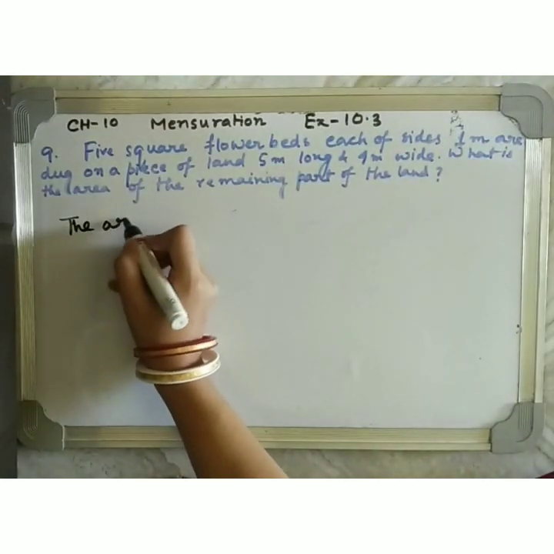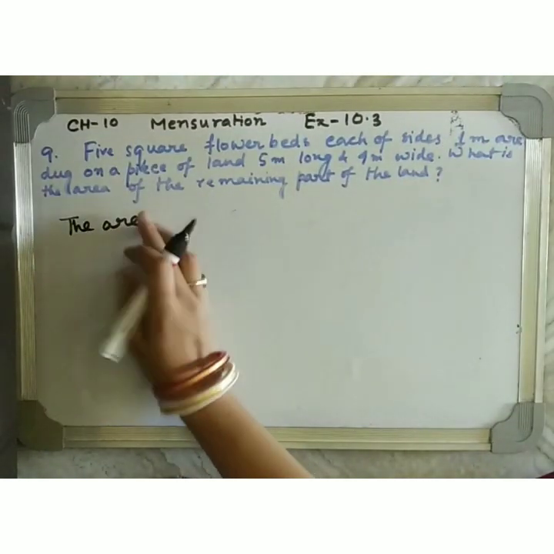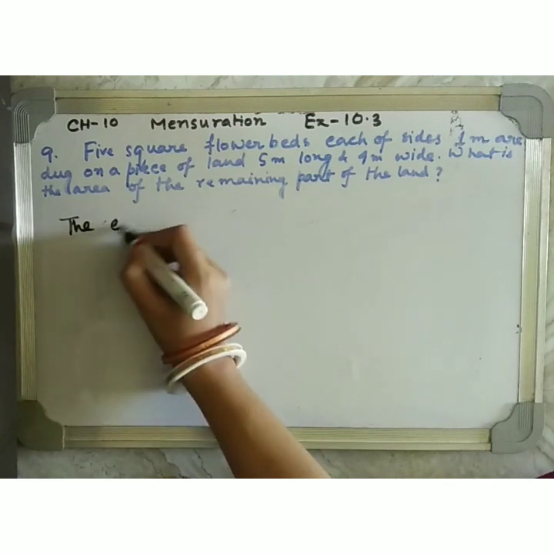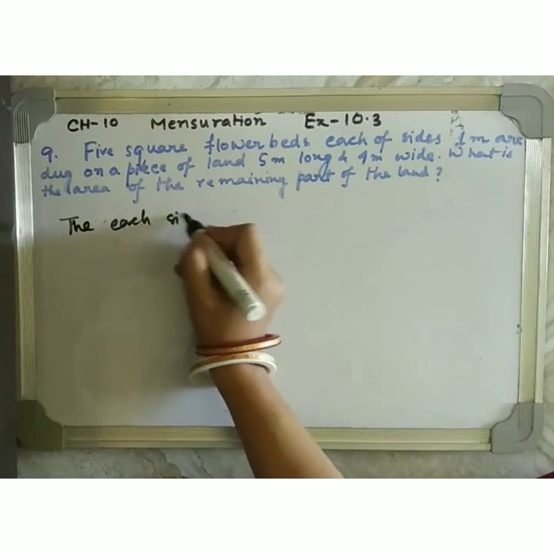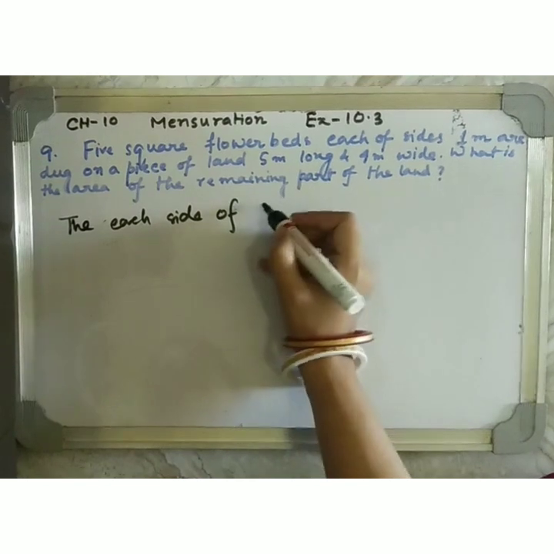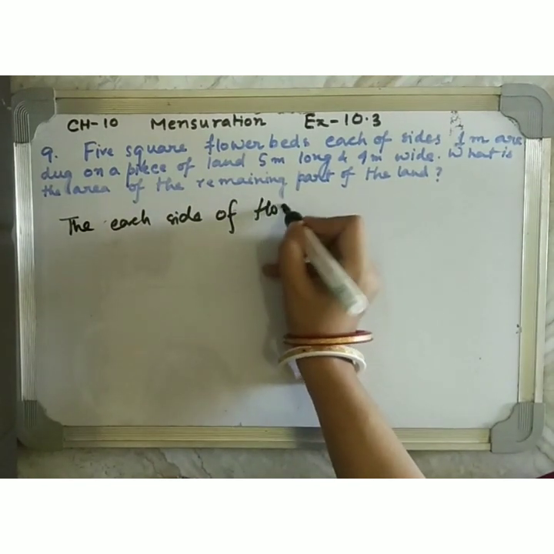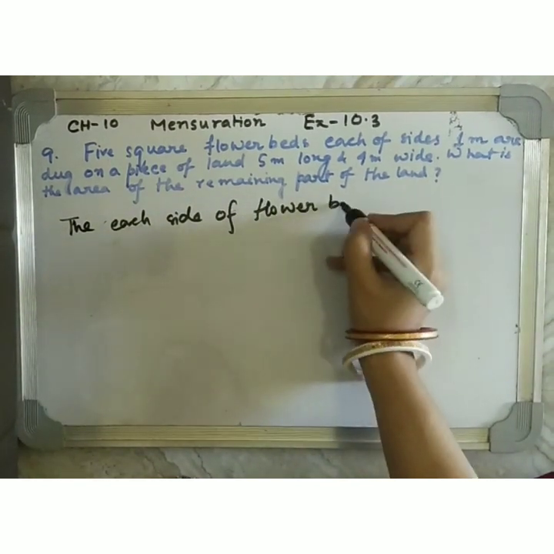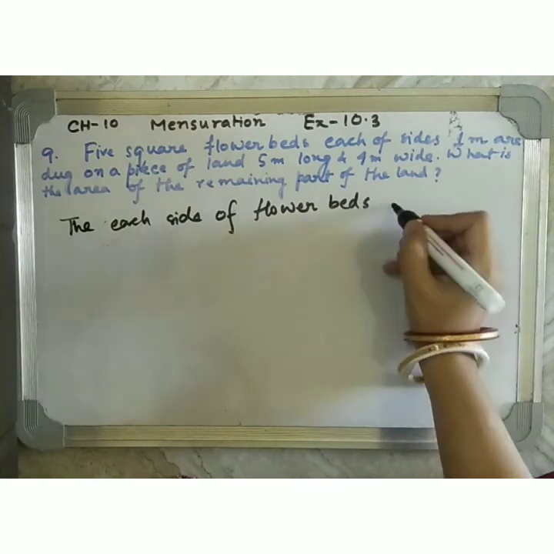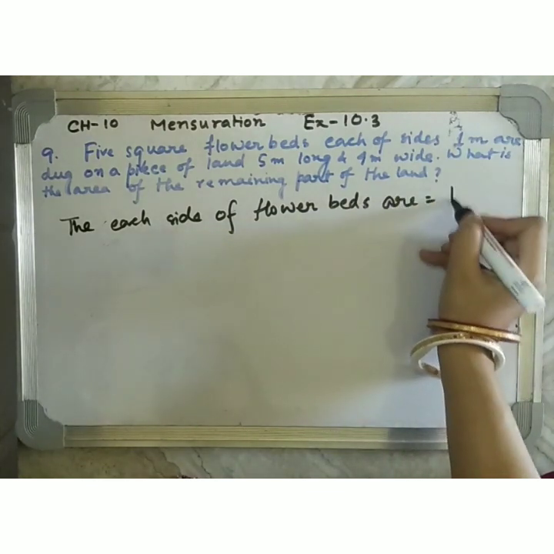Write it this way: each side of the flower bed is 1 meter.